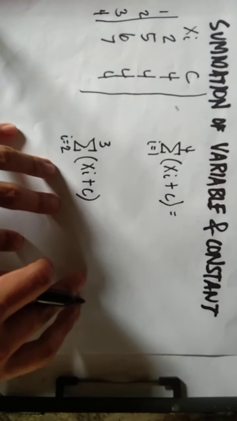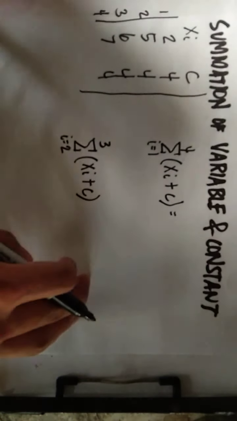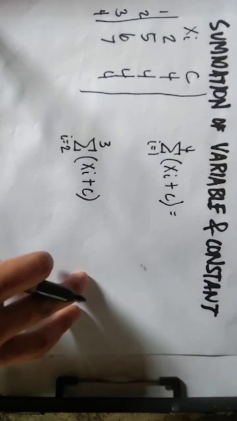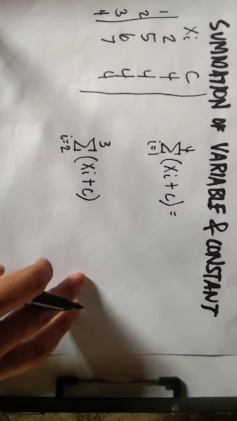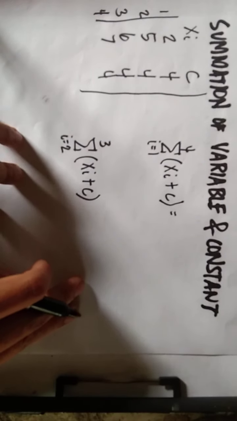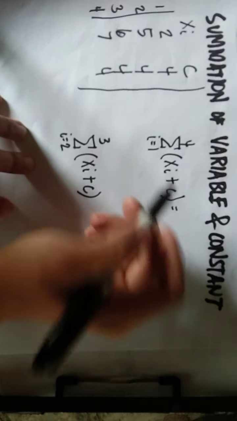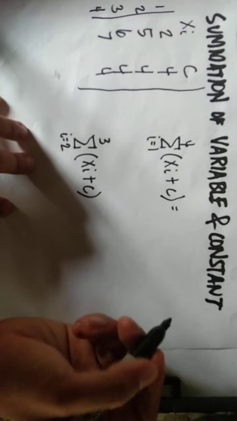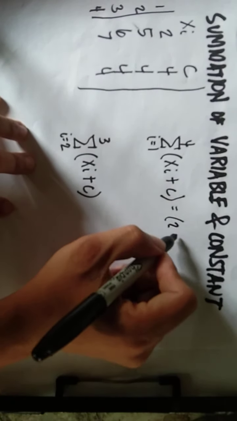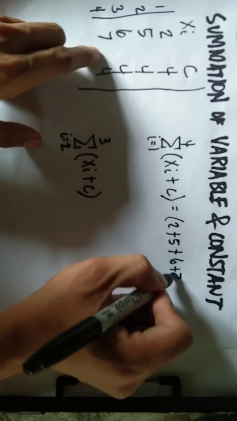So, we will have, pagpa-plus muna natin yung ating x sub I. So, kukunin natin yung values na ating 1 to 4 ng x sub I. So, mangyayari doon, we have 2 plus 5 plus 6 plus 7.